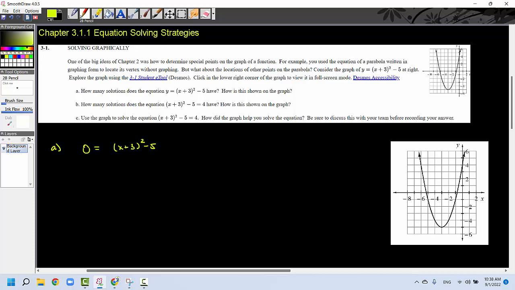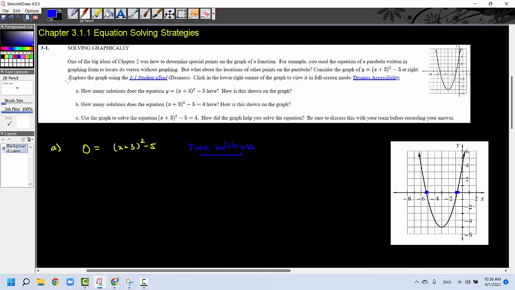So basically, what part A is trying to ask you is how many x-intercepts does this parabola have? And it really has 2, right? I mean, we can see it right here and right here. So that would be 2 solutions to this quadratic equation.